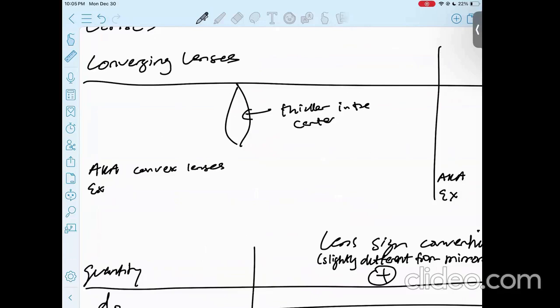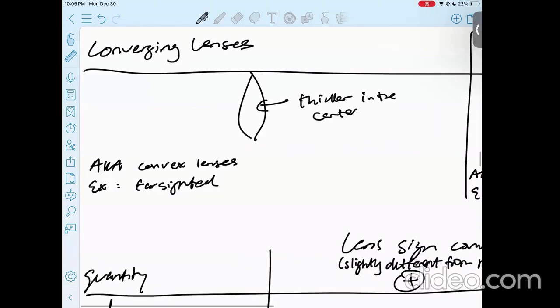So remember, converging mirrors were concave. Converging lenses are convex. And so an example of a converging lens, when would you need a converging lens? These are for people who are, for example, farsighted.